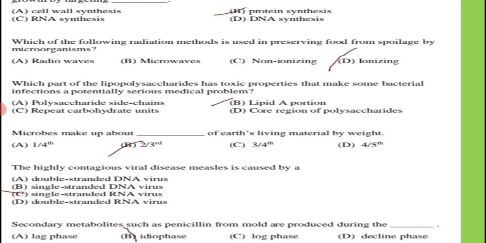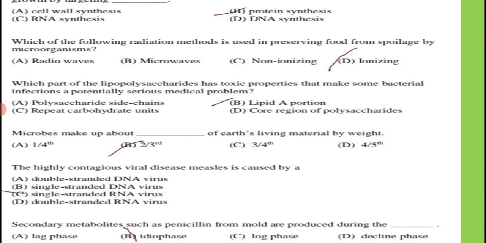The lipopolysaccharides are present in the outer layer, and this LPS is termed endotoxin. LPS is a large molecule consisting of a lipid and a polysaccharide, and these are bacterial toxins. They are composed of O antigen. So the lipid A portion is causing the serious medical problem. So option B is the answer to this question.